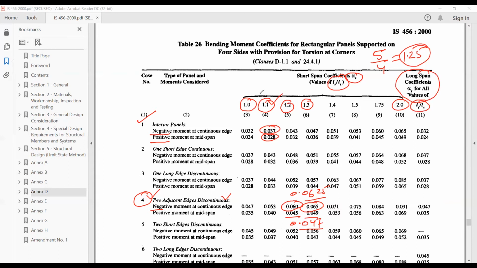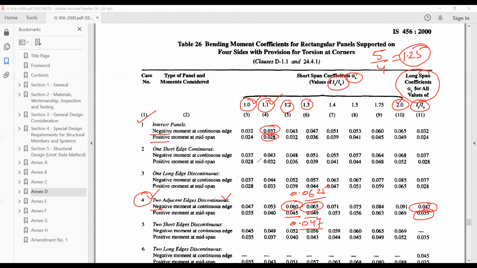So whether our value of Ly by Lx is 1 or 1.5 or 2, it will be the same for all the values. Therefore, for alpha y negative, our value is 0.047, and for alpha y positive, it is 0.035. So this is how we calculate the bending moment coefficients, which are alpha x and alpha y.